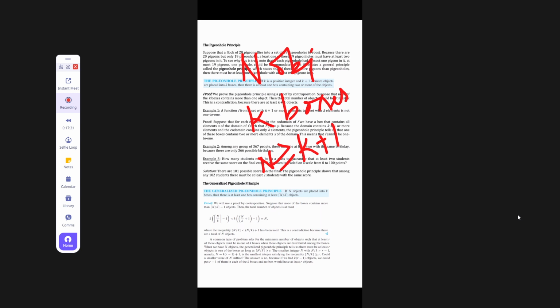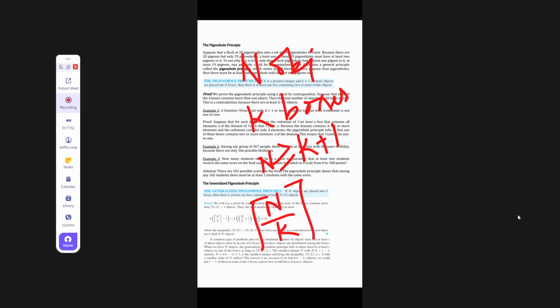This is the generalized pigeonhole principle. So if this happens, then what is the statement? At least one box will have at least ceiling of N by k objects. What does this mean?